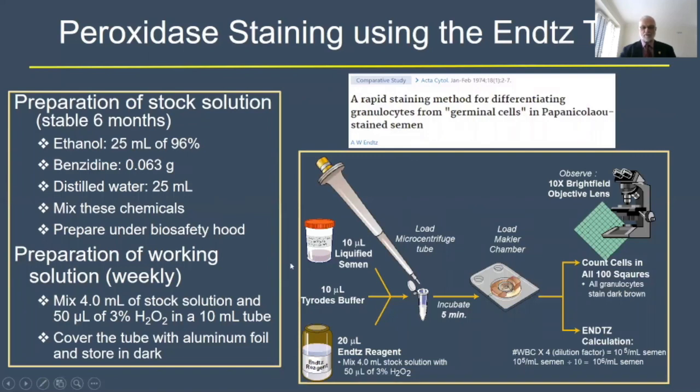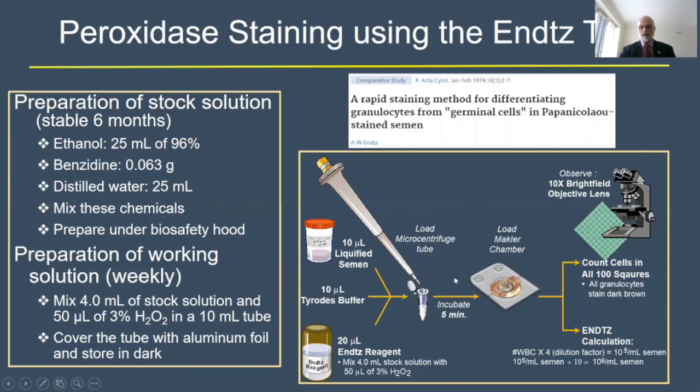The test is performed with 20 microliters of the ENS reagent, 10 microliters of thyroid buffer or PBS buffer, and 10 microliters of liquefied semen, mixed in an Eppendorf cup, which must be a dark brownish one to prevent exposure to light.